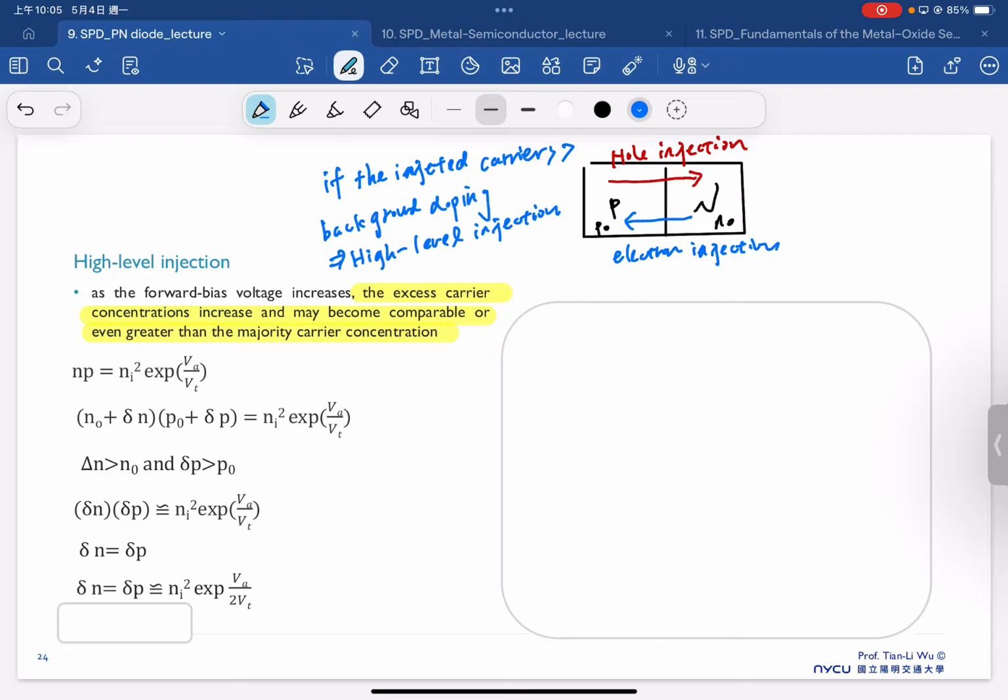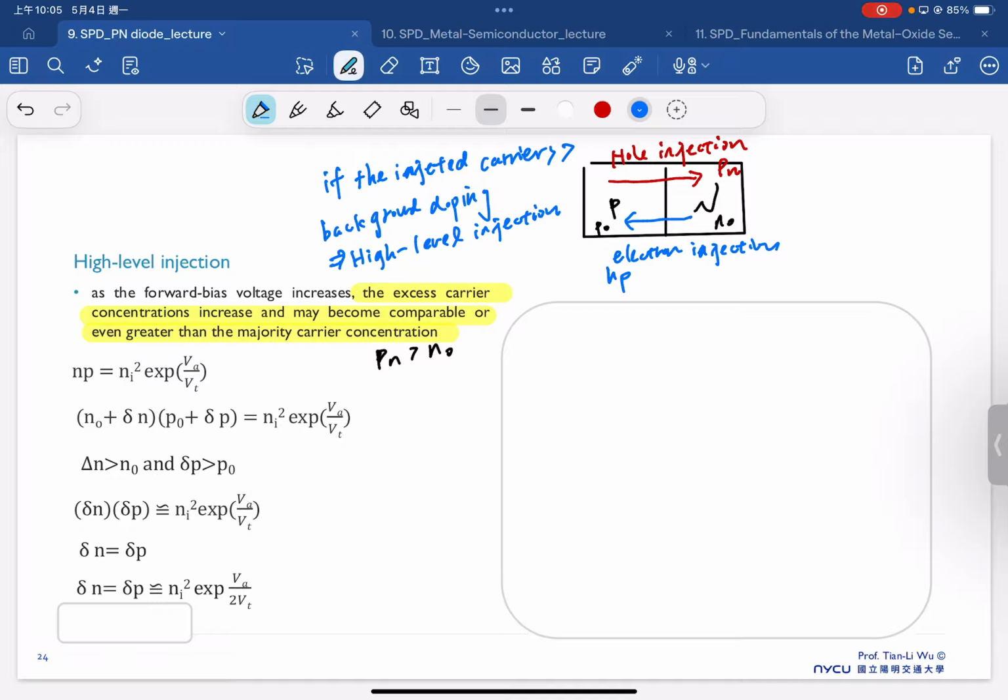So this is a case where our Pn can be larger than N0. Once we have hole injection, we should have the Pn, and once we have electron injection, we should have the Np here.